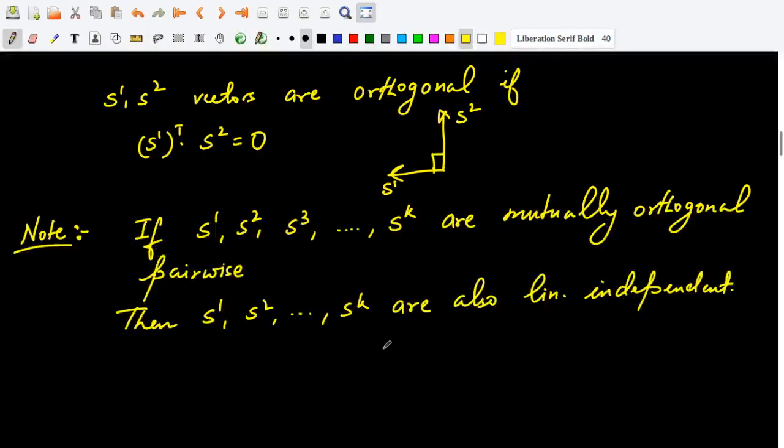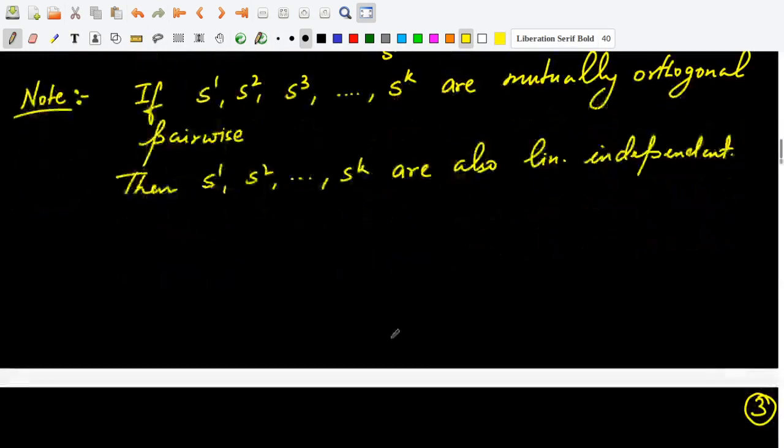And this is somewhat easy to prove. You can possibly do it in your assignment. The converse is not true. Linear independence doesn't mean that the vectors are actually orthogonal to each other. And the previous example of linearly independent vectors that we wrote are really not orthogonal to each other.